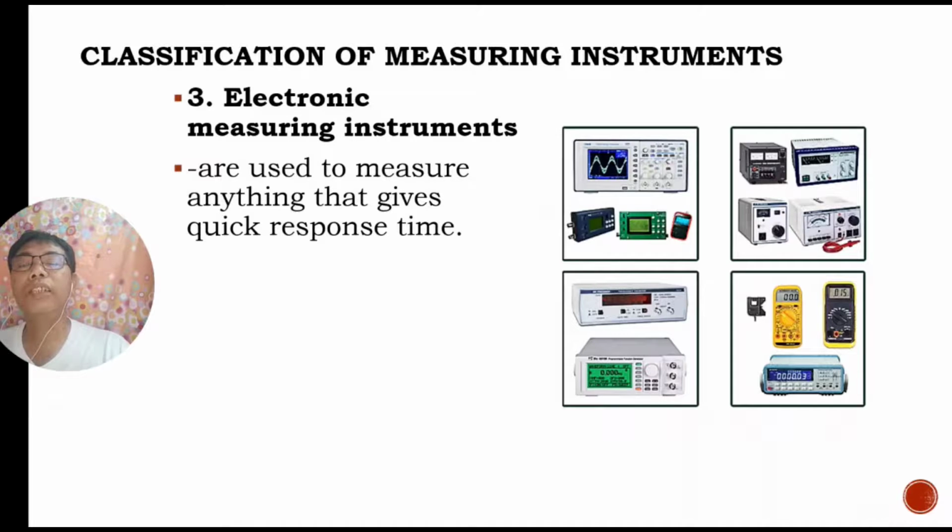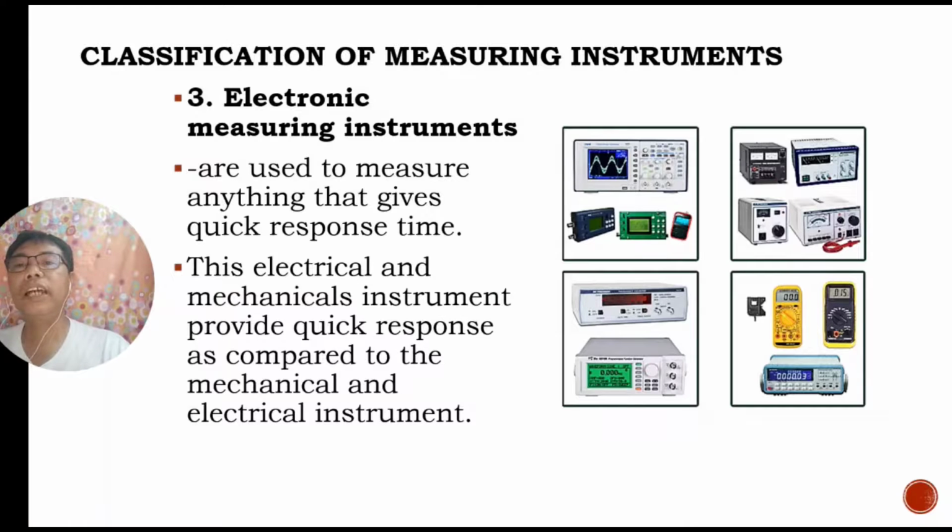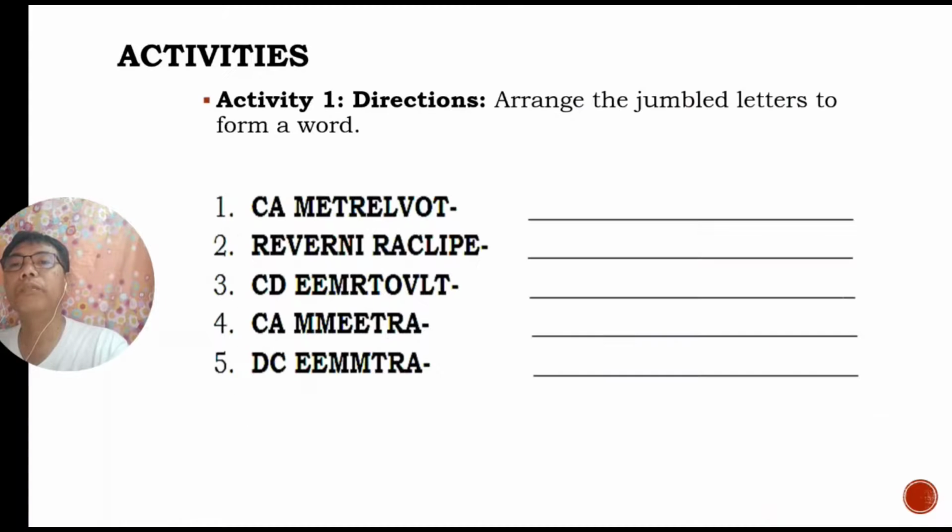Quick response time meaning automatically it will give you the measurement. These electronic instruments provide quick response as compared to mechanical and electrical. As I have said, automatically it will give you the measurement in a short period of time.